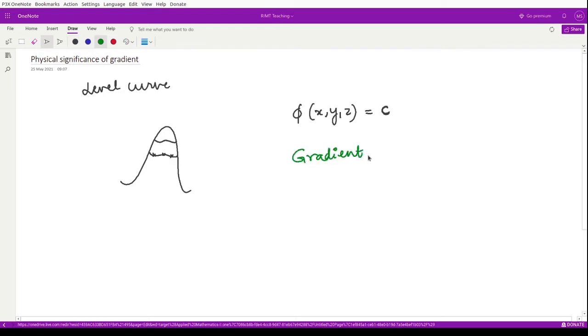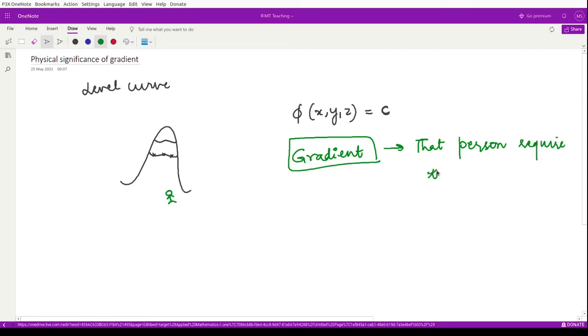Suppose there is a person who is standing at the bottom of this mountain peak and he intends to reach the top. That person requires the path for which the time is minimum.